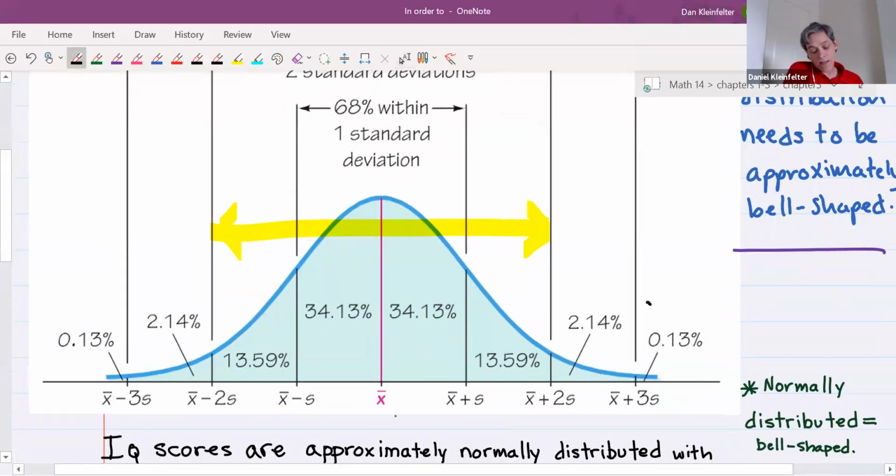Okay, and then we can exploit some symmetry that this distribution has. The mean is always at the center, okay? X bar, in this case, is always at the center of the distribution. And so if 68% of the data is within one standard deviation, that means about half of it, or around 34%, would be on either side. It turns out that it's 34.13.